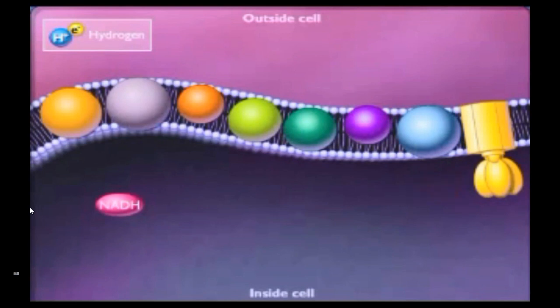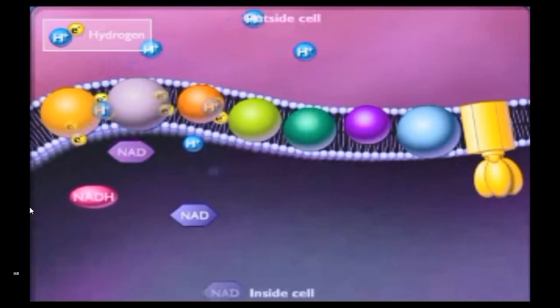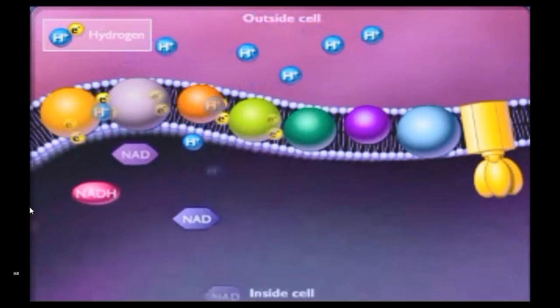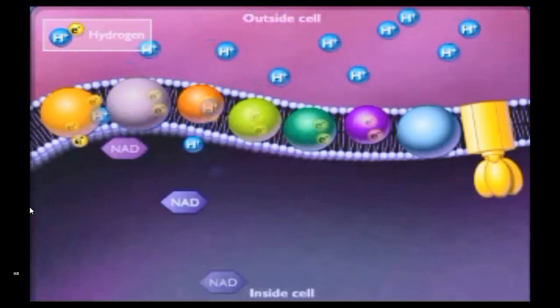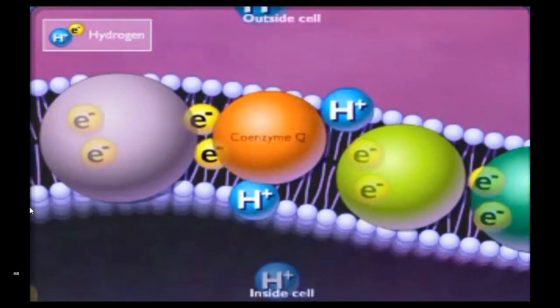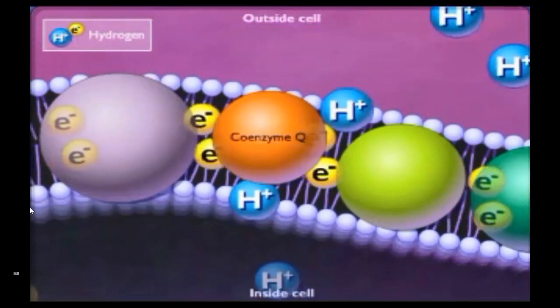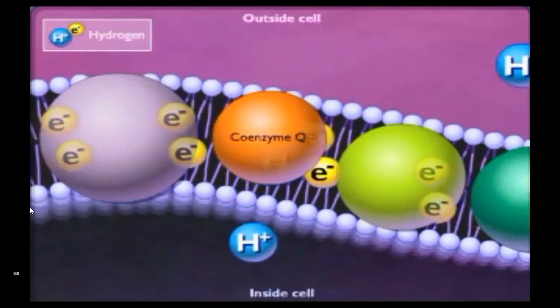Electrons enter the electron transport chain when NADH transfers its protons plus electrons to a membrane-embedded carrier protein. The electrons are sequentially carried along the electron transport chain, while the protons are shuttled to the outside of the membrane. Some of the electron carriers, such as coenzyme Q, accept a proton from the inside of the cell membrane as it accepts electrons.